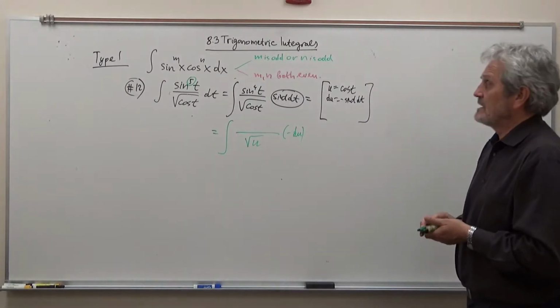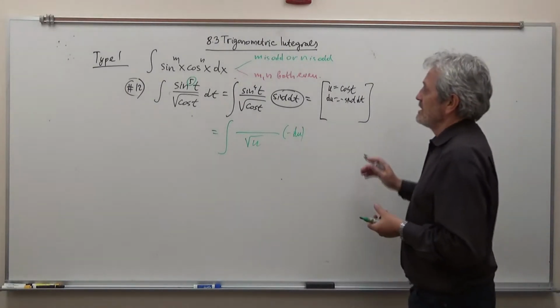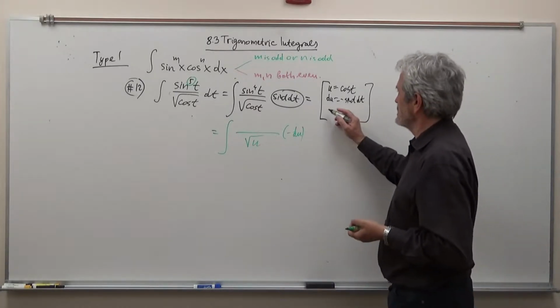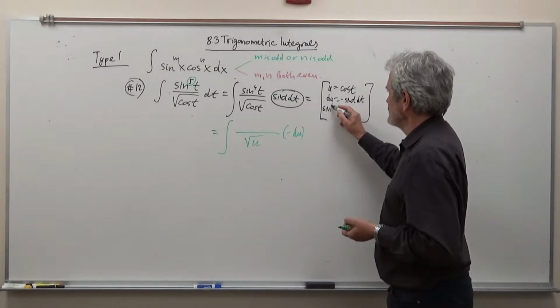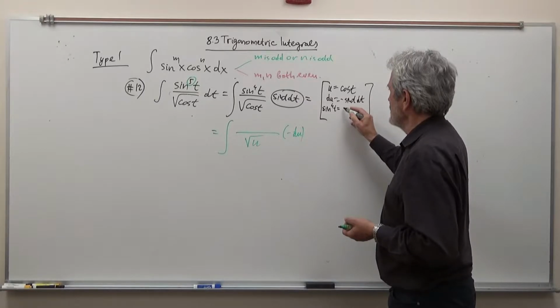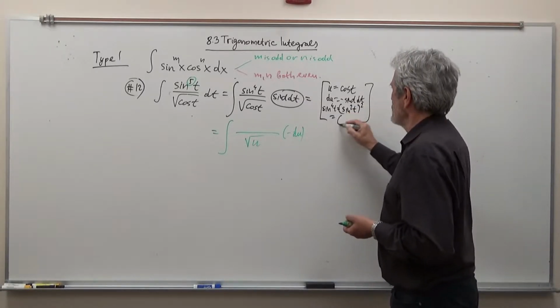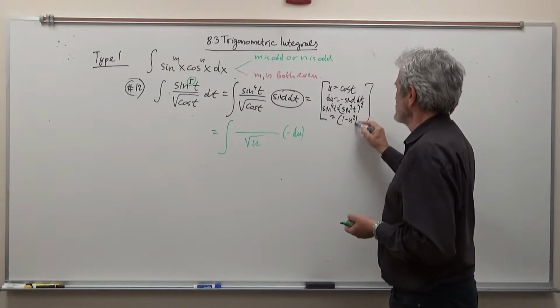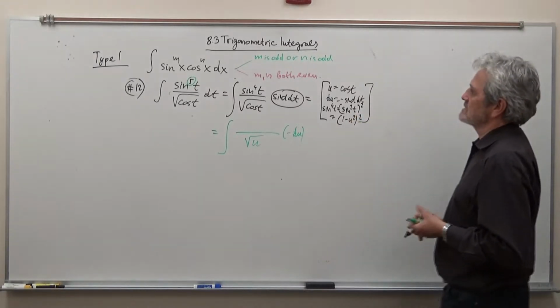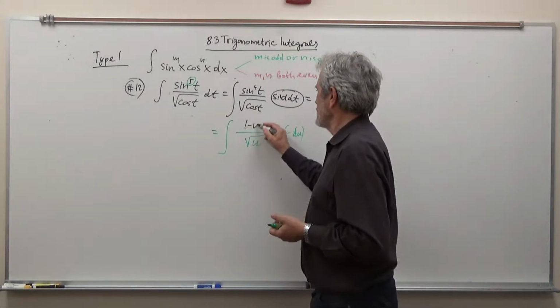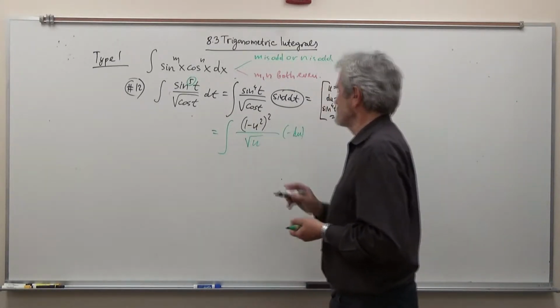It's all good. Sine to the 4th t, as long as we have even power, could be nicely replaced. Why? Because sine to the 4th t is sine squared t squared, which is 1 minus u squared, because that's 1 minus cosine squared. So here it is, 1 minus u squared.